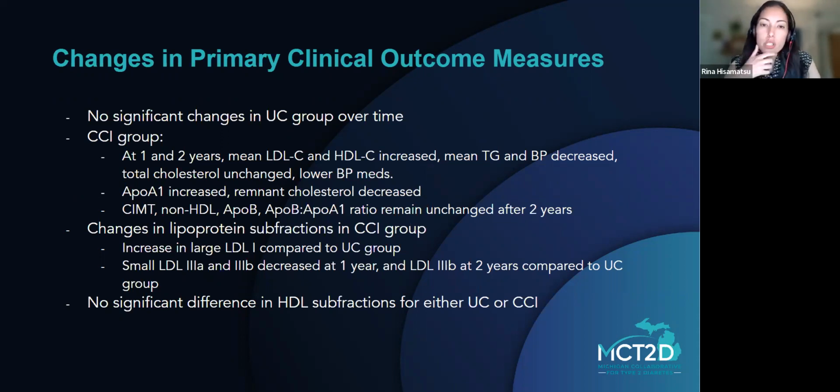Some additional changes in lipoprotein subfractions: in the CCI group, there was an increase in large LDL compared to the usual care group, and small LDL decreased compared to the usual care group. There were no significant changes in HDL subfractions for either arm.